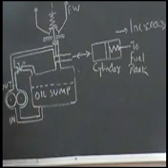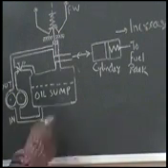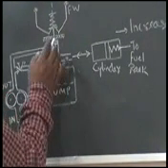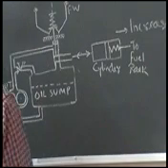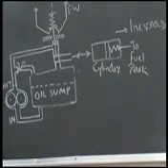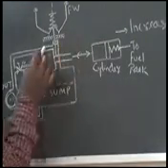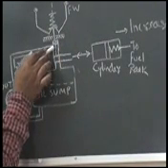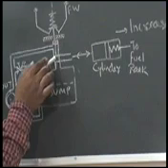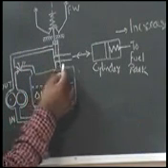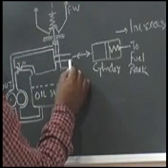And consider the case where the RPM has increased. So what will happen? The RPM is increased, the flyweights will fly out more and it will raise this rod. And what will happen? A connection between the cylinder and the sump is made.